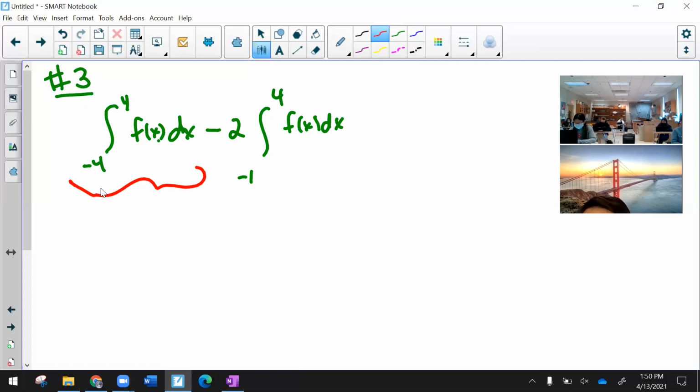But remember, a1 and a2 are positive numbers, and the area enclosed from -1 to 4 needs to be negative because it's below the curve. So this is really going to be a1, which is positive, minus a2, because a1 and a2 are like the absolute values of what those areas are. But area that's below the curve is negative.